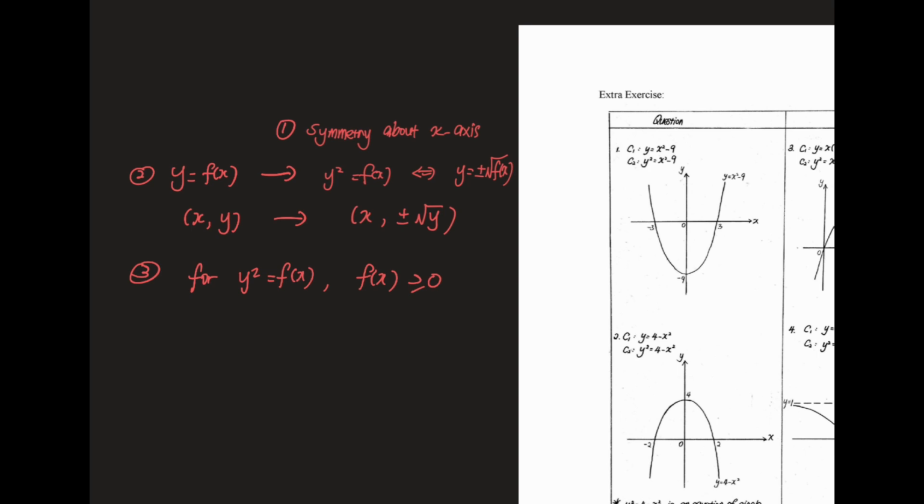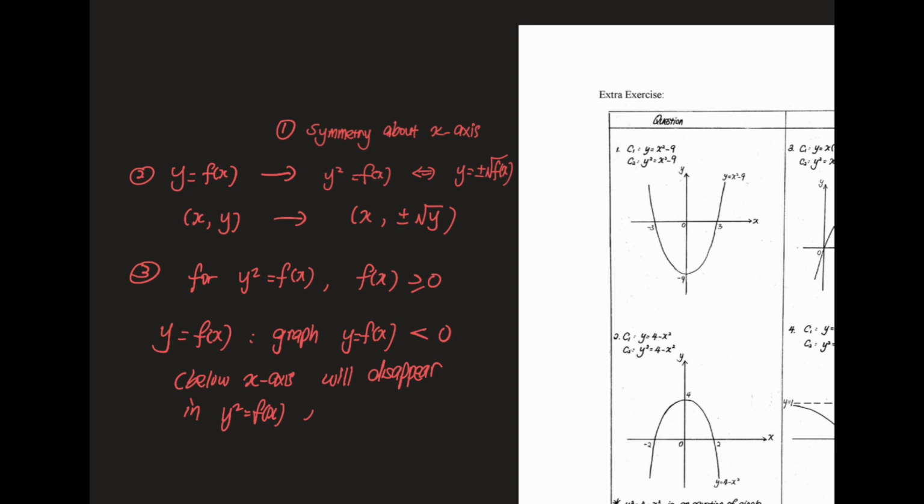That means if you have y equal to f(x), the graph of y equal to f(x) which is less than 0, which means below the x-axis, will disappear in the y squared equal to f(x) graph.